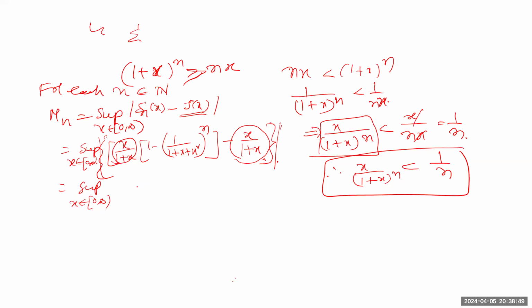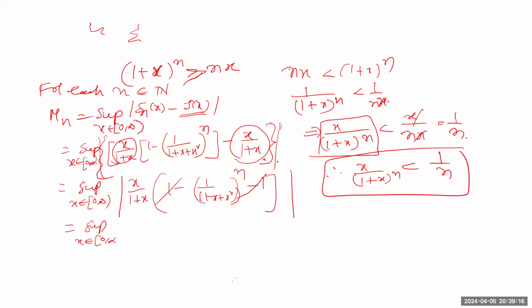If I take a common factor, x over 1 plus x, because it is also there, what happened? 1 minus 1 plus x square to the power of n minus 1. These are cancelled. So that is the supremum of x belongs to 0, comma infinity. Of course, all values are positive, so you can remove the modulus.